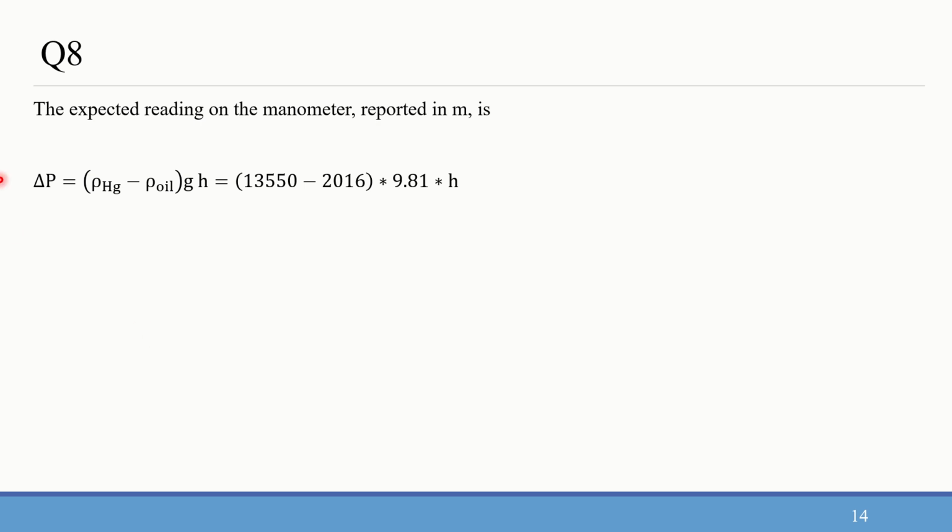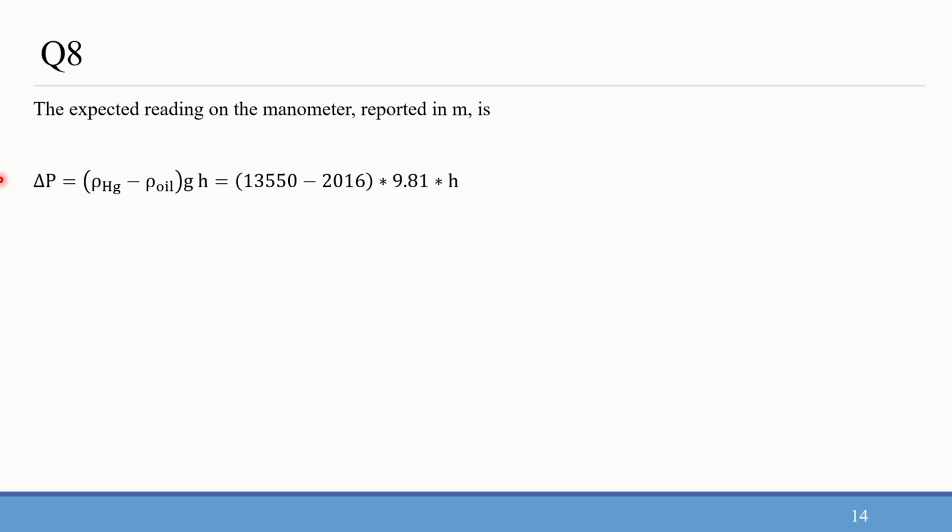In the previous problem we saw the equation for pressure drop: pressure drop is equal to the density difference between mercury and oil, into G into H.